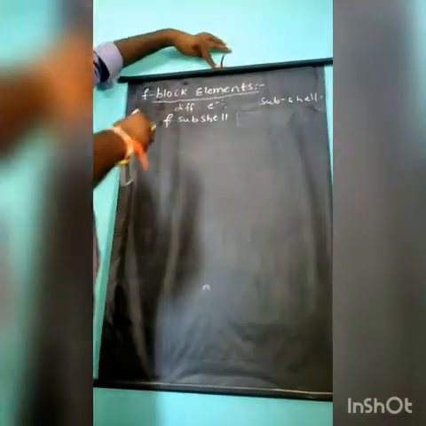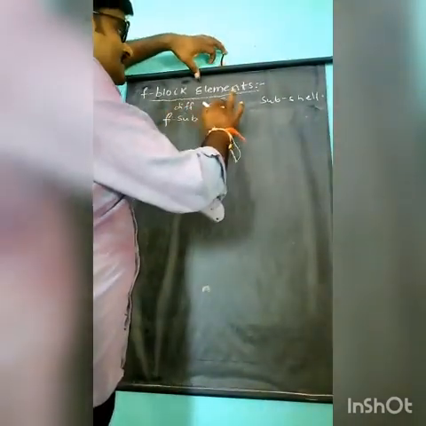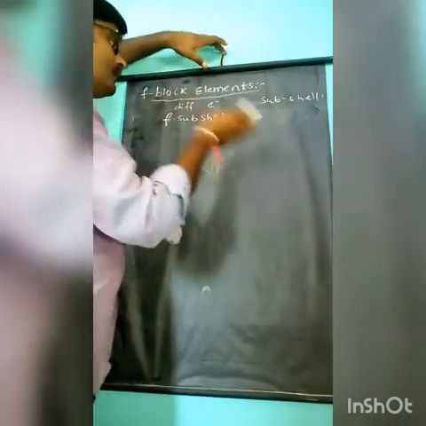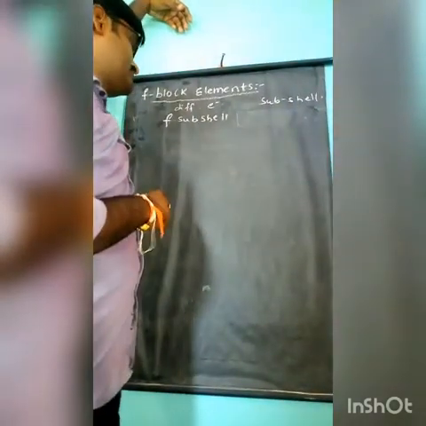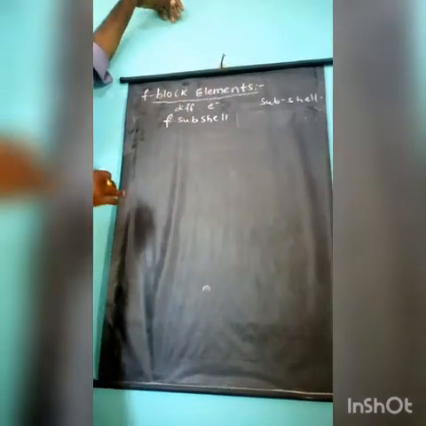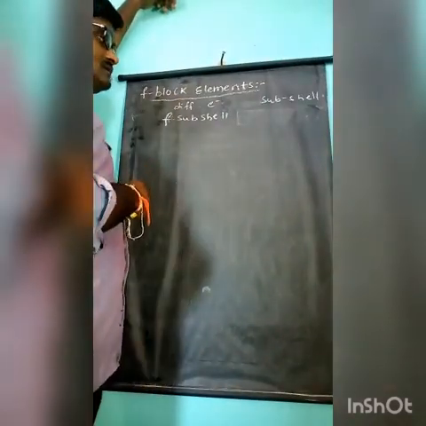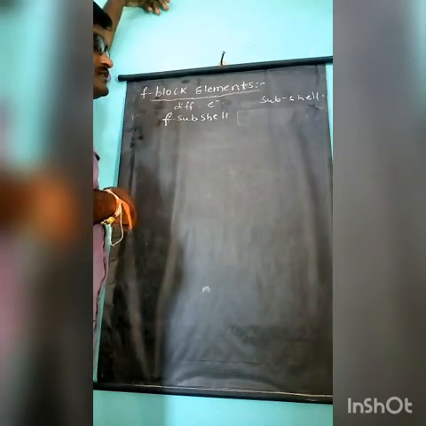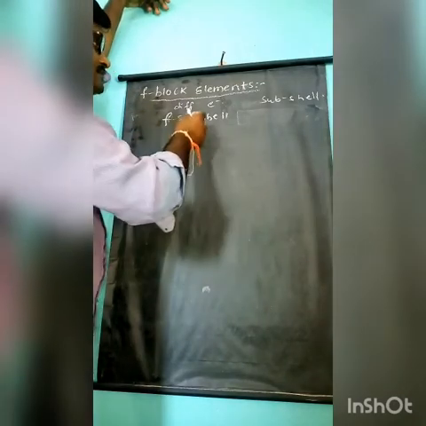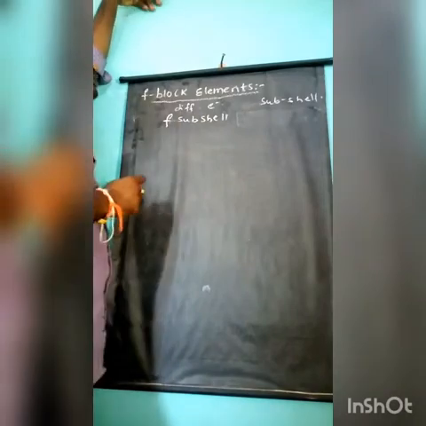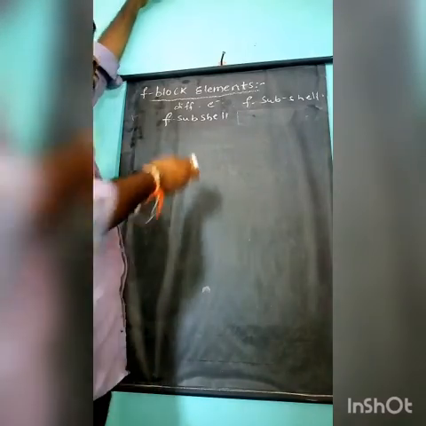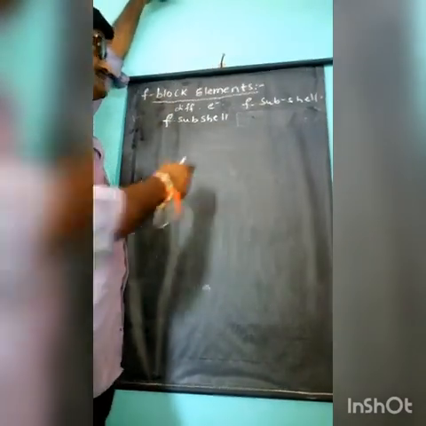We can define F block elements as the elements in which the differentiating electron enters the F subshell of the anti-penultimate shell. Generally the F subshell is present in the anti-penultimate shell in every atom. Those kinds of elements are called F block elements.